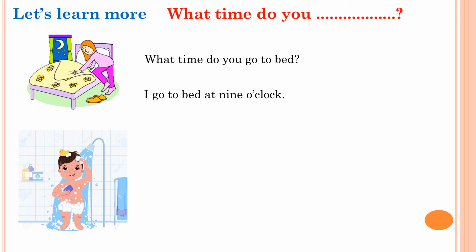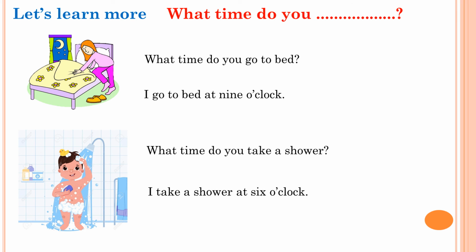The last picture. You can see the boy, maybe he is in the bathroom, taking a shower. So how do you make the question? What time do you take a shower? I take a shower at 6 o'clock.